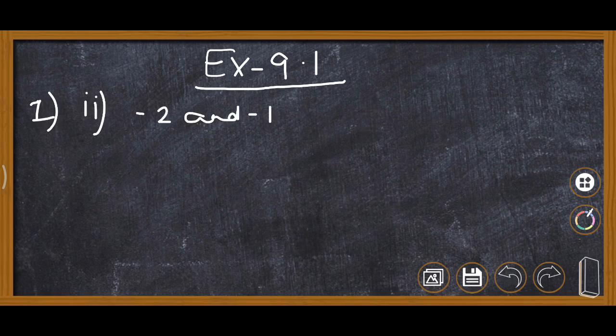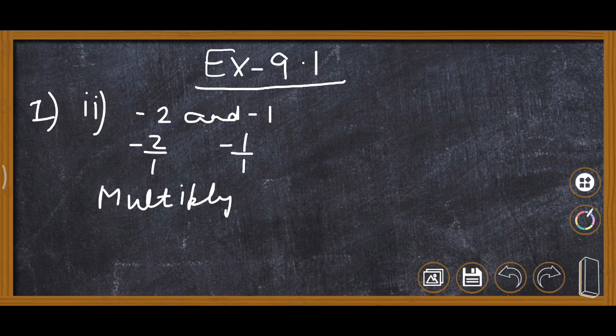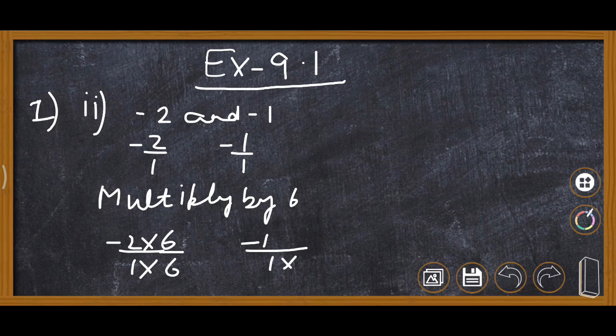This is the second part, -2 and -1. So we will write -2 upon 1 and -1 upon 1. Now here you can see the denominator is 1, so we will multiply it by 6. So -2 upon 1 into 6, and -1 upon 1 into 6.